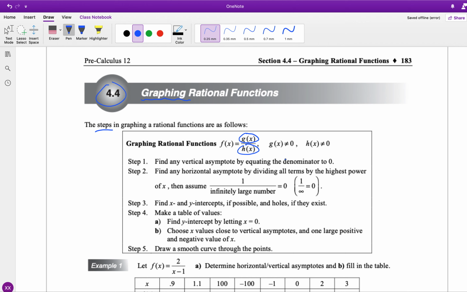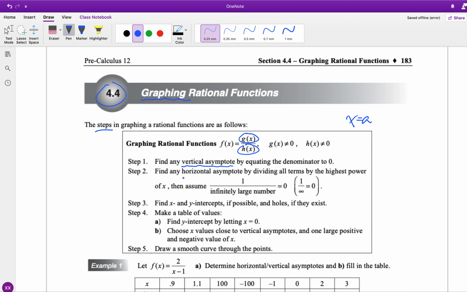So step one is to find the vertical asymptote. As soon as the denominator is 0, you get vertical asymptotes, such as x equals a or x equals b, either one or a double, or different vertical asymptotes.